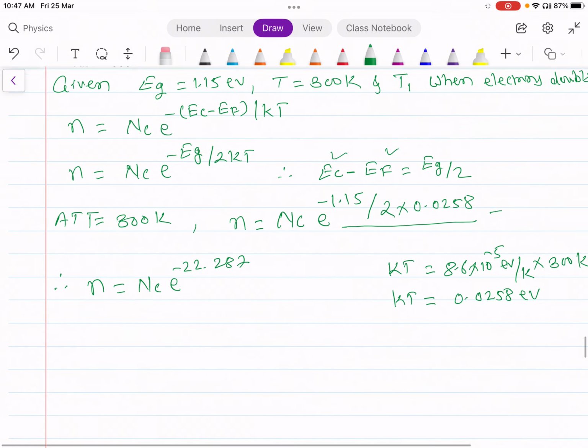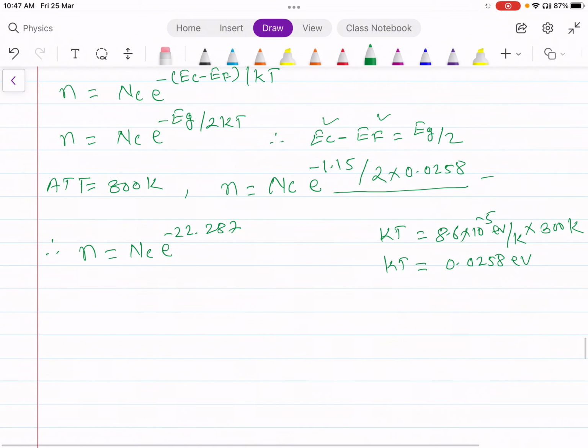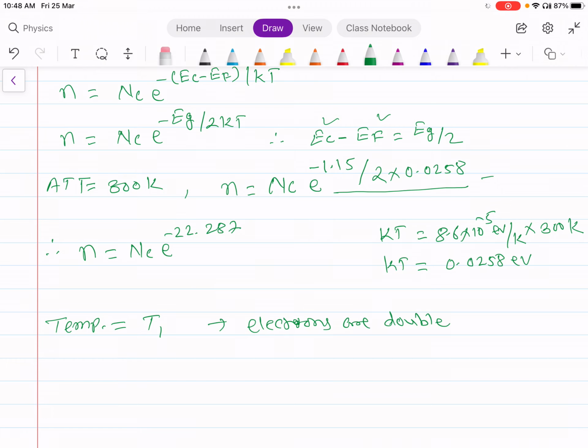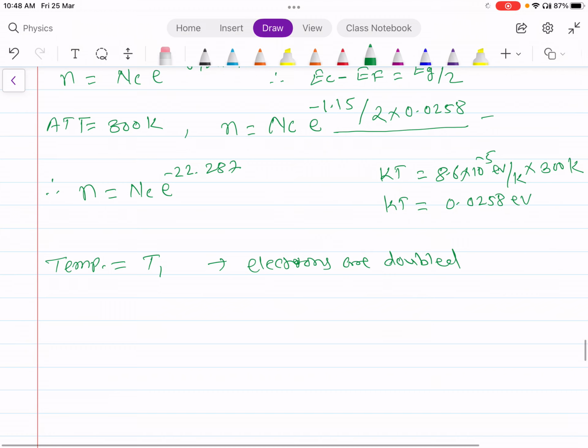This is at temperature 300 Kelvin. Then the second part: temperature is T1 now, and in this case electrons are double. Concentration of electrons is double at temperature T1.